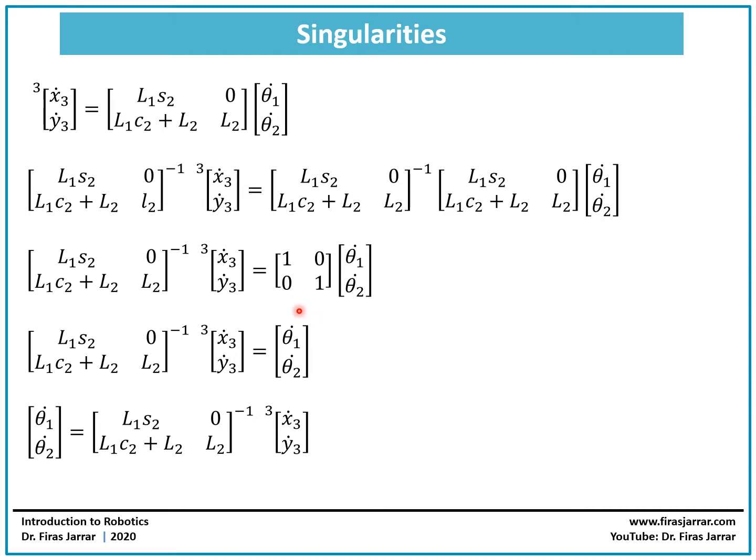Now, what I'm going to do here is rewrite the equation such that the joint rates are on the left side of the equation and the rest of the matrices are on the right side. So now we have the joint rates, or the angular velocities of joints 1 and 2, as a function of the linear velocity of the end effector.